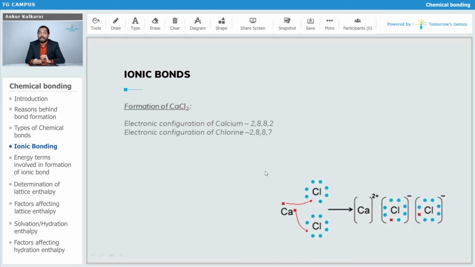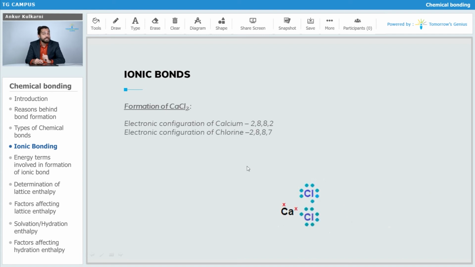So the electronic configuration will be 2, 8, 8 and 2. Correct? Now let's talk about chlorine. What is the electronic configuration of chlorine? That is 2, 8, 7.